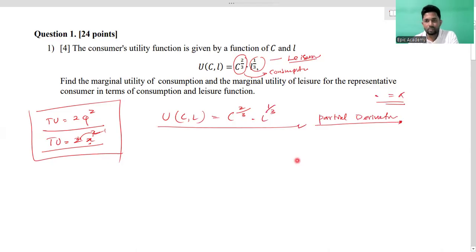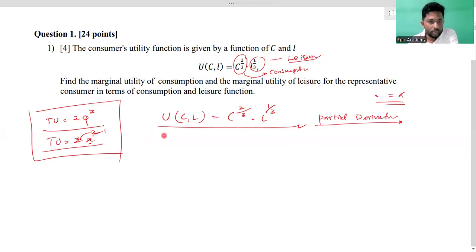It's different from the derivative methodology. I will explain step by step. That is why they are asking for the marginal utility of consumption and leisure of the respective consumer in terms of the consumption and leisure function separately. We have to understand that.